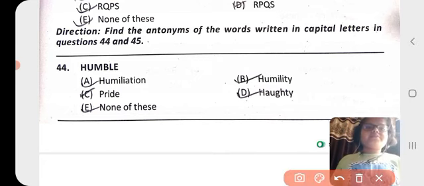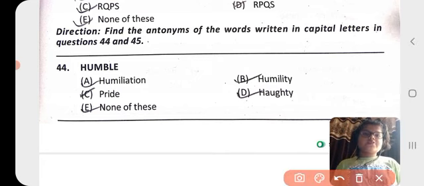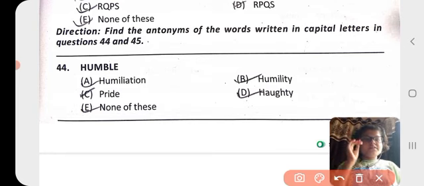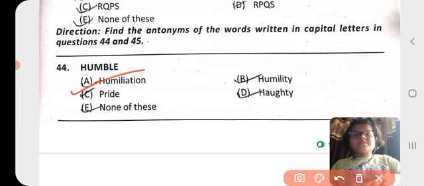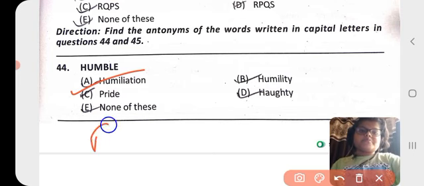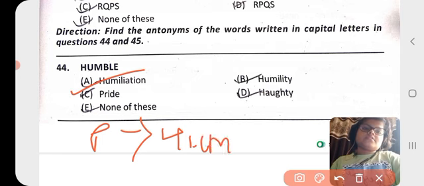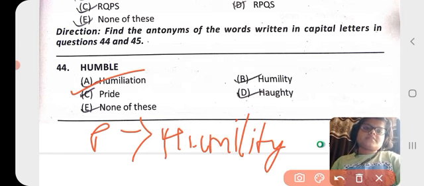Find the antonym of the words written in capital letters in question 44 and 45. So here it is given humble. Here the answer will be pride. Option C. There we saw that the antonym of pride is humility, and also it will be humble.